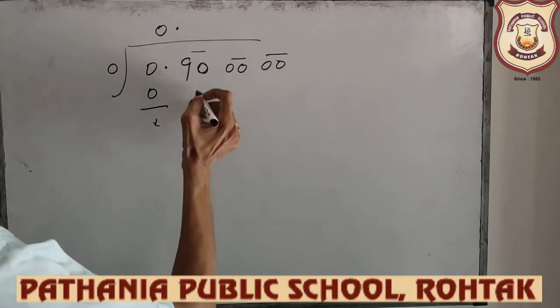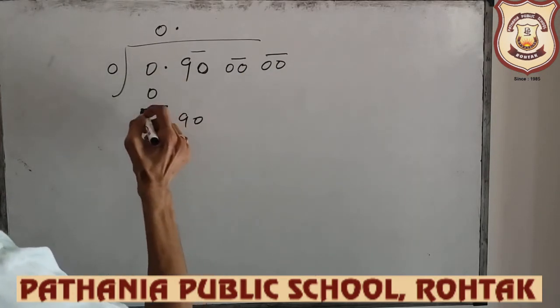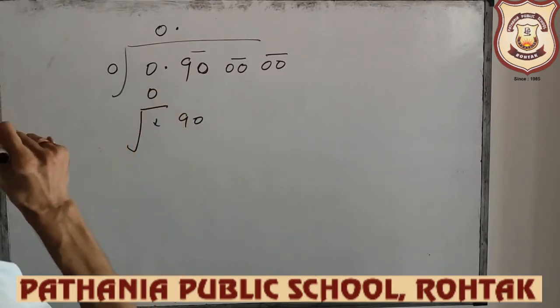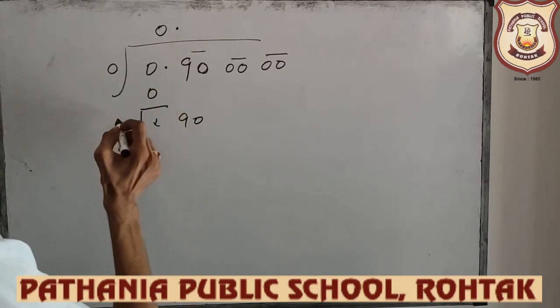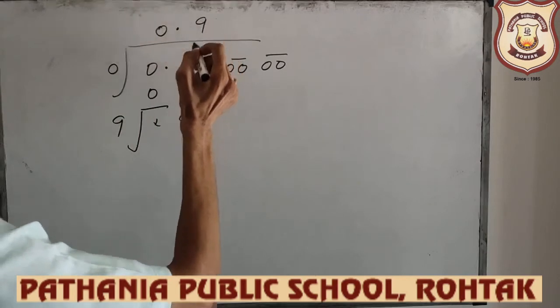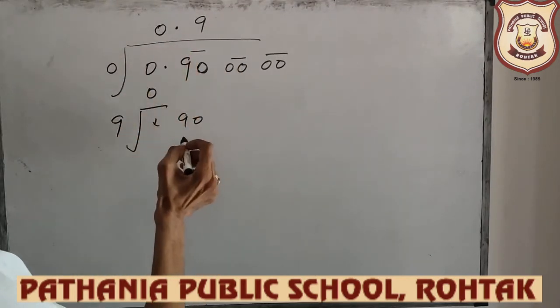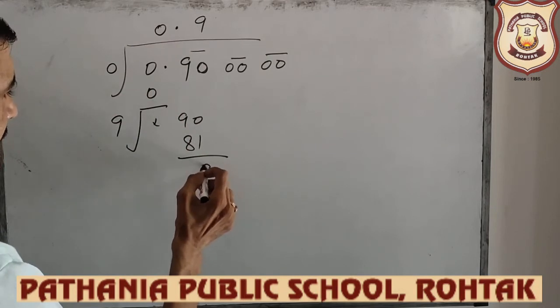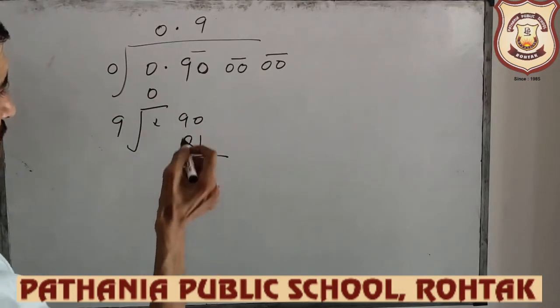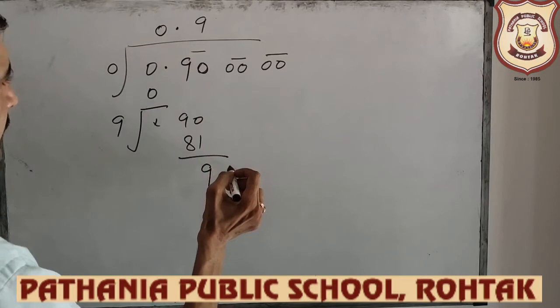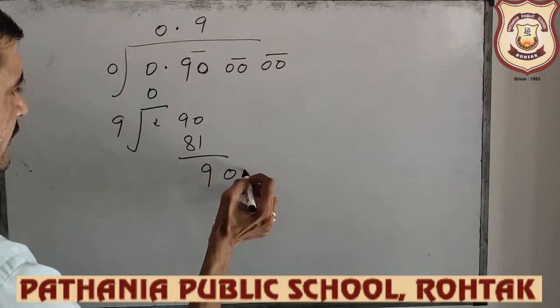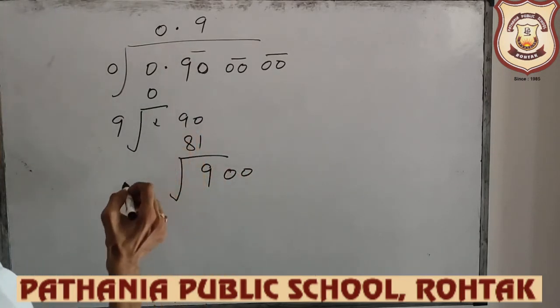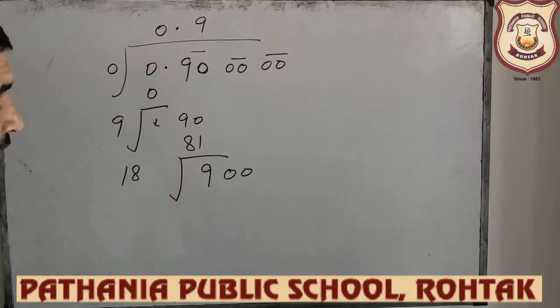So now this pair is done, 90. What is here? Double of 0 is 0, nothing else. So 9 9 is 81, and double of 0 is 0, so 81. What is left? 9. Now the second pair of 0, this one. Double of 9 is 18, and 18 5 is 90.